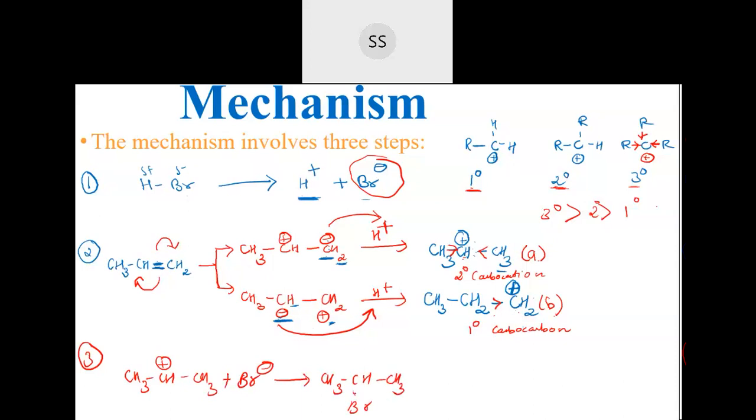So this compound will be formed, that is, 2-bromopropane. It will be the major compound because of the stability of the carbocation: the secondary carbocation is more stable, due to which the reaction takes place faster and 2-bromopropane forms as the major compound. It's not that 1-bromopropane will not be formed, that also will be formed, but it will be minor, and this will be the major one. Understood now?